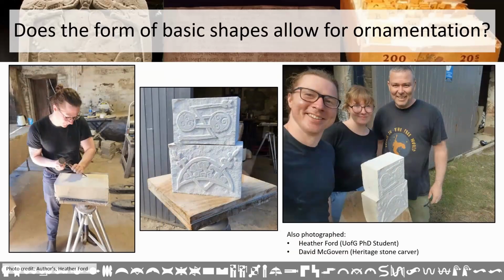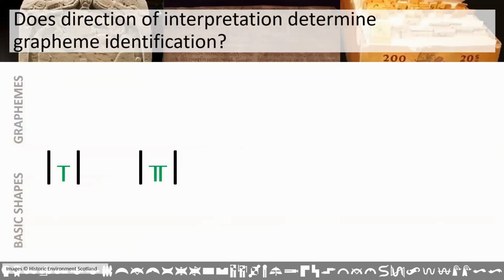I've tried my hand at this myself, and even under the expert tutelage of heritage stone carver David McGovern, this took me and my fellow PhD student Heather Ford, who's also looking at symbol stones, at the University of Glasgow, over 3 hours to create this limestone version of an original granite stone. And it's not great. It's not bad for our first day, but there was significant help from David. So really resource intensive, highly skilled, and it's not for free.